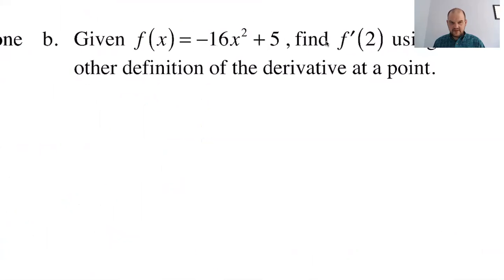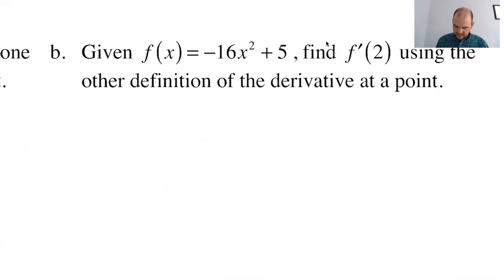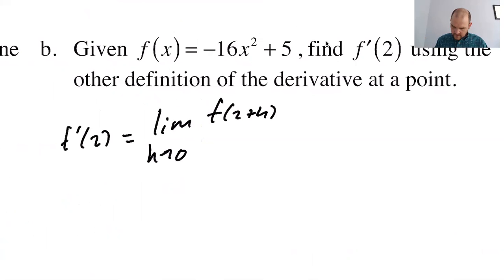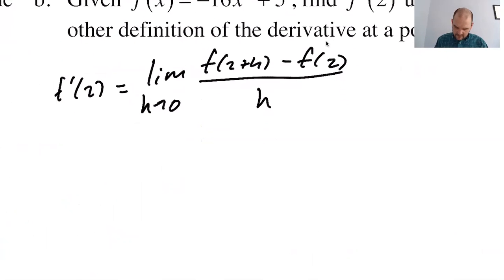So this one will be the limit as h approaches 0. So f prime of 2 is going to be the limit as h approaches 0 of f of 2 plus h minus f of 2. My inclination is to skip a million steps, but I know you're with me, so I'm not going to do that.